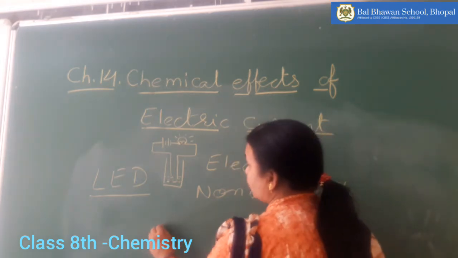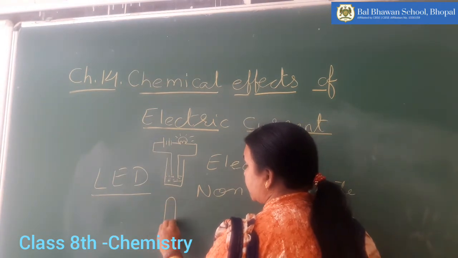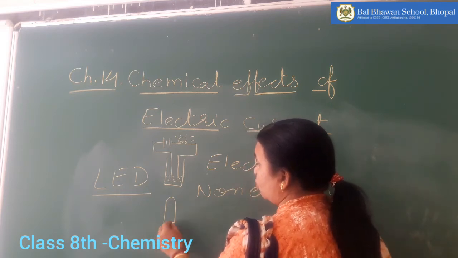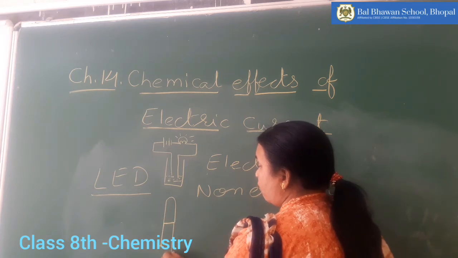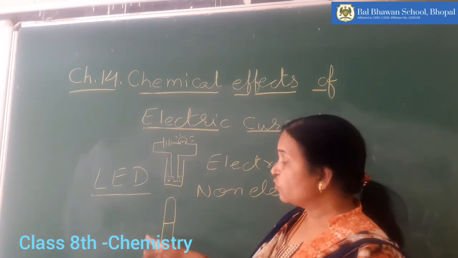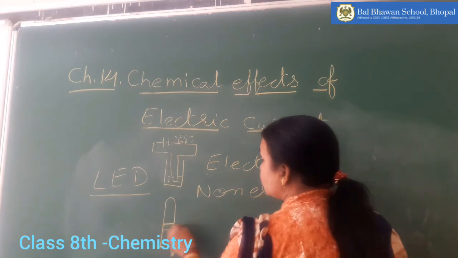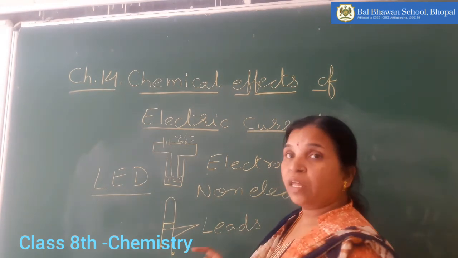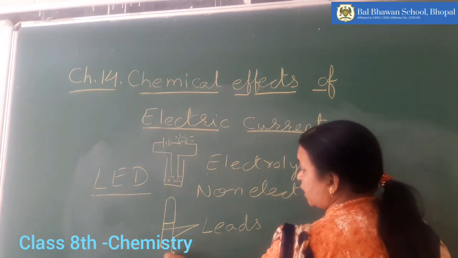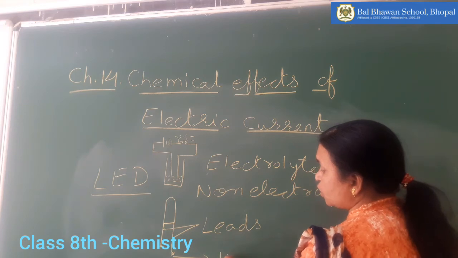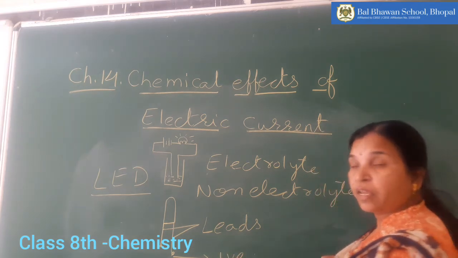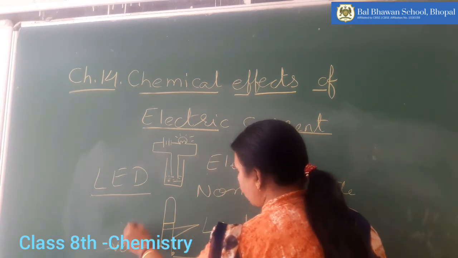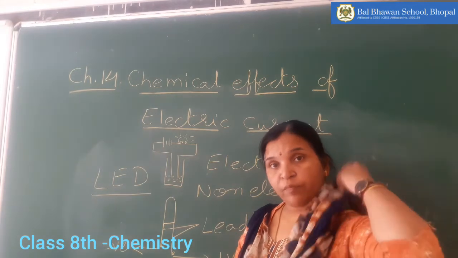If you see the structure of this LED, it's like a small bulb having one terminal, two wires connected to it. One is longer, the other one is shorter. These two are called as leads. The longer one is always connected to the positive terminal of the battery, and the shorter one is always connected to the negative terminal of the battery.